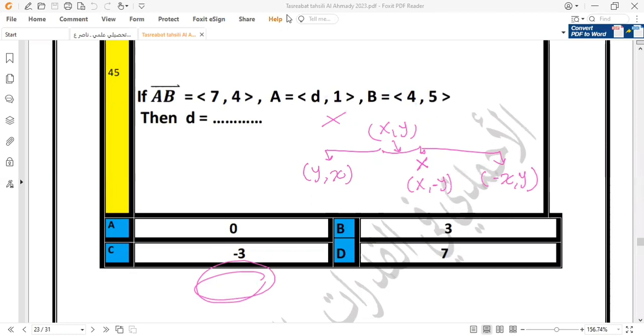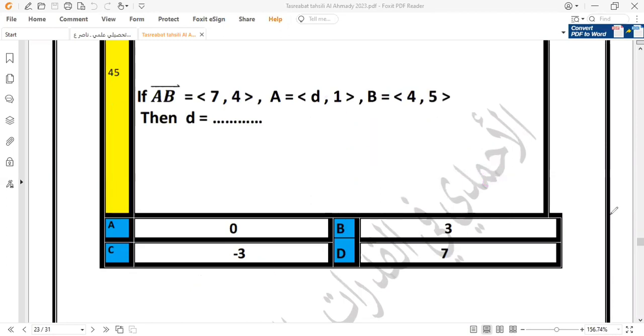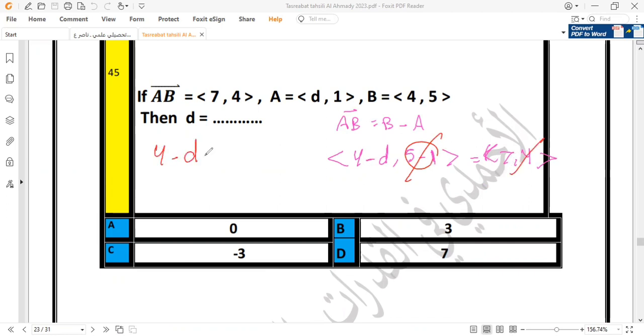Number 45. If vector AB is (7, 4), and A is (D, 1) and B is (4, 5), find D. Here AB equals B minus A. So 4 minus D and 5 minus 1 equal 7 and 4. 5 minus 1 is 4, the same. So 4 minus D equals 7.